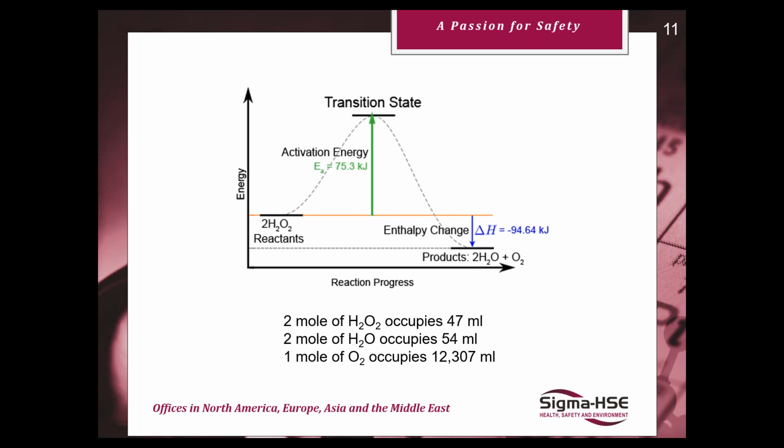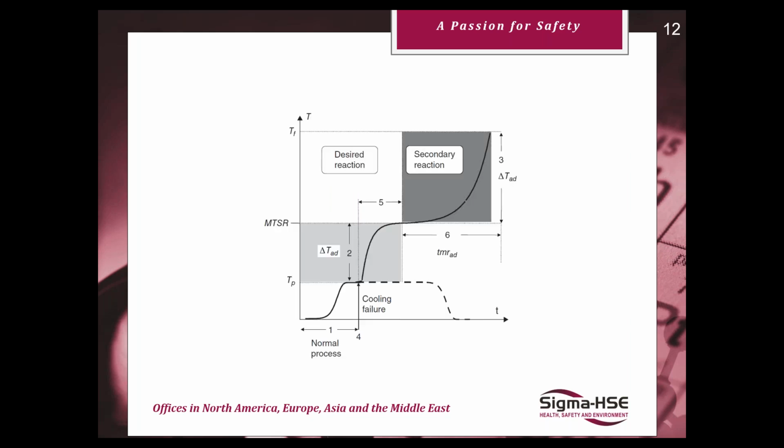But our products, 2 moles of water and 1 mole of oxygen, are going to occupy a much larger volume, primarily from the oxygen gas. So quickly running through this, this is also why it's important to look at your desired reaction, not just decompositions.